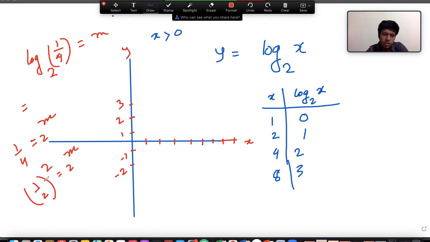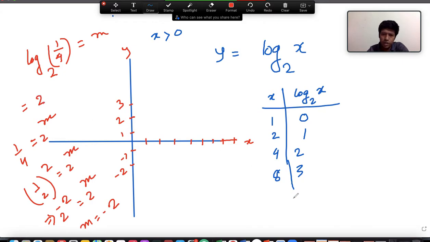And this means we can write it as 2 to the power -2. So 2 to the power m, m equals to -2. So we can write here -2.